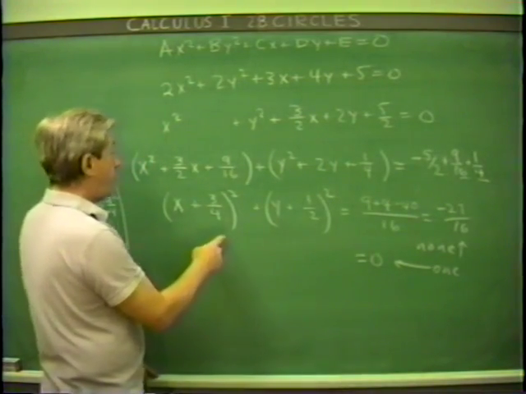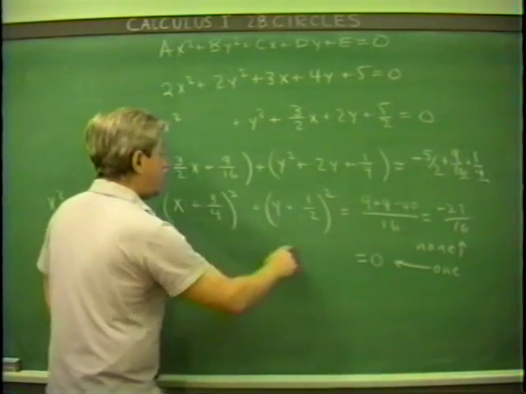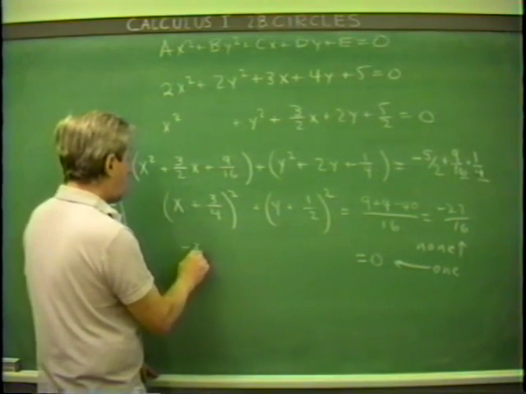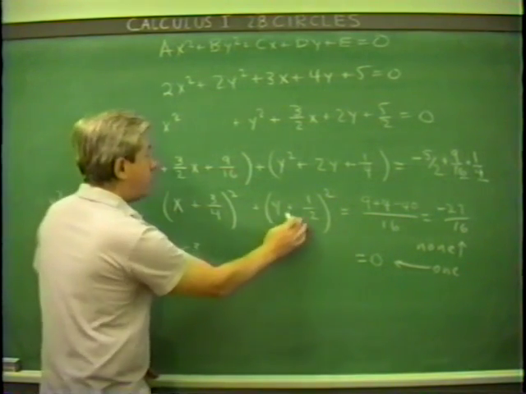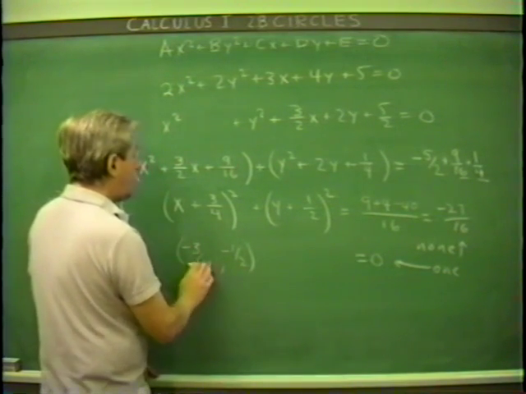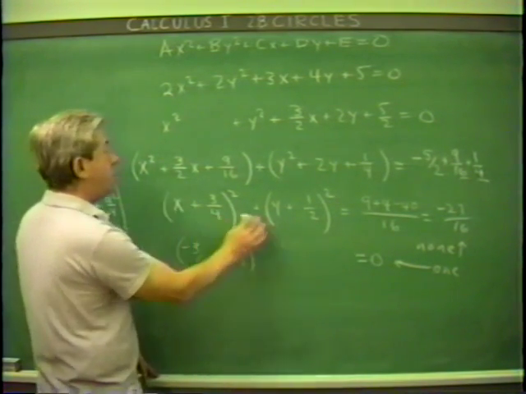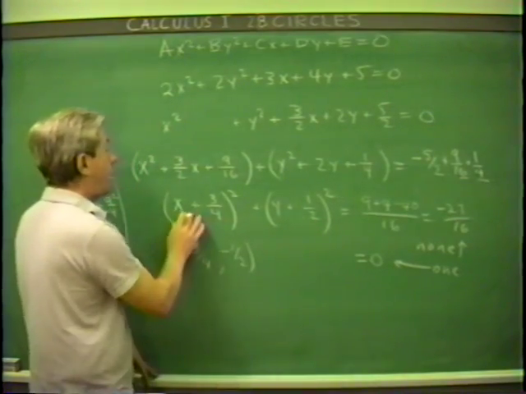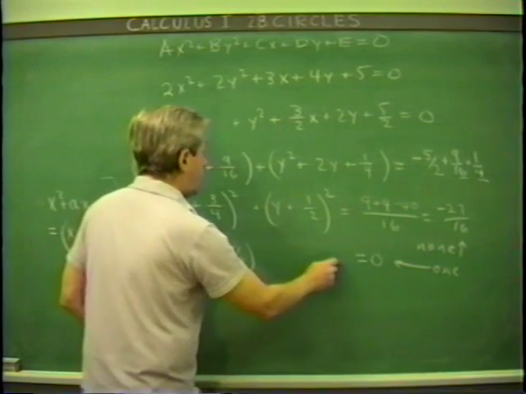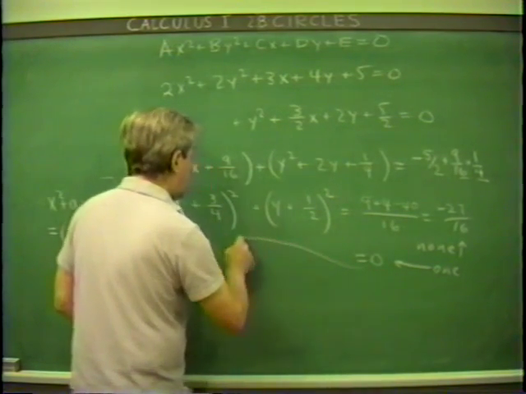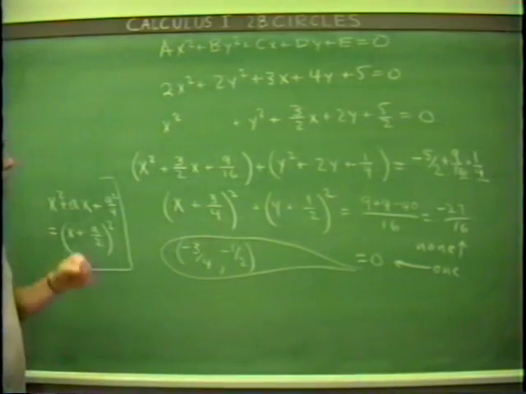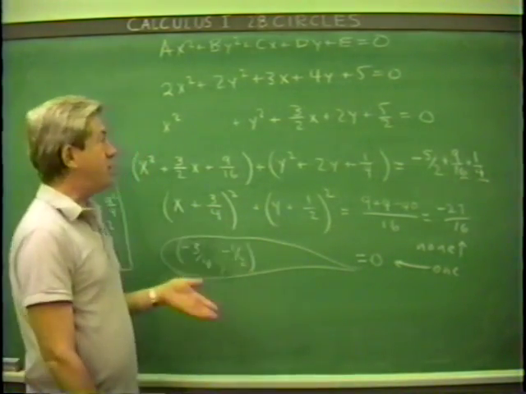Namely, if we had the same equation here with 0 here, then when x was equal to minus 3/4 and y was equal to minus 1/2, that single point alone would satisfy this is equal to 0 and this is equal to 0, and so the sum of the two squares is 0. So we would get one solution, namely this one in that case.